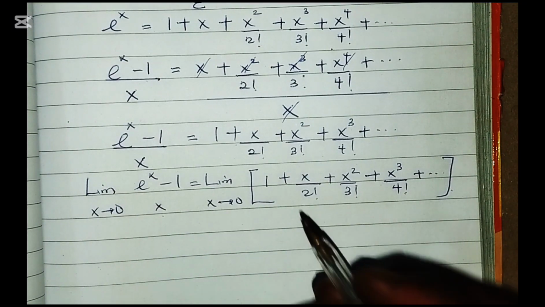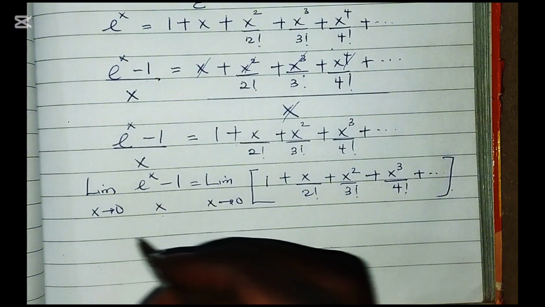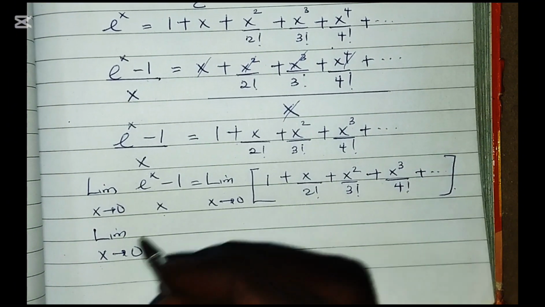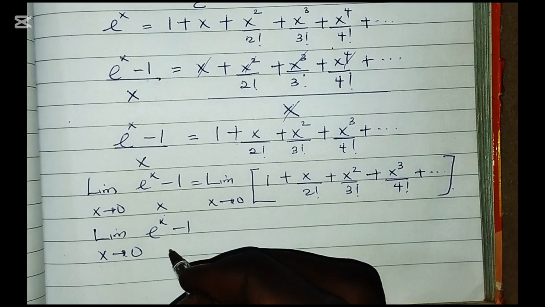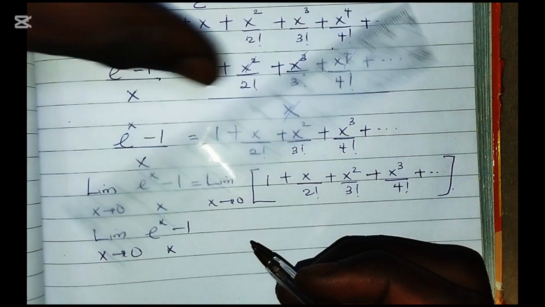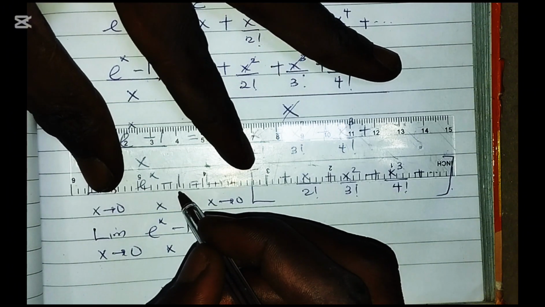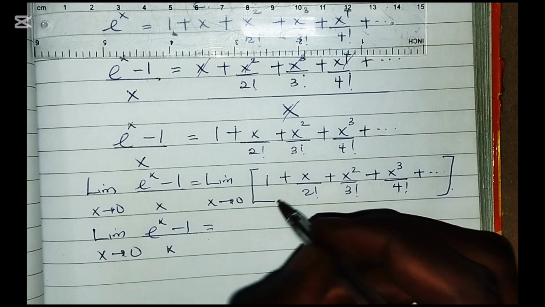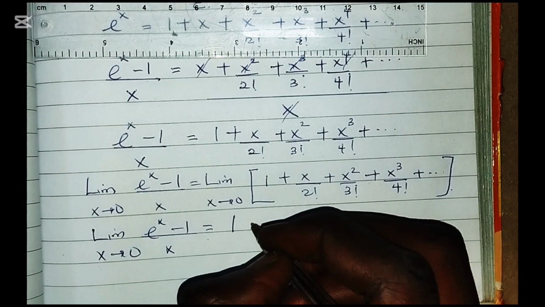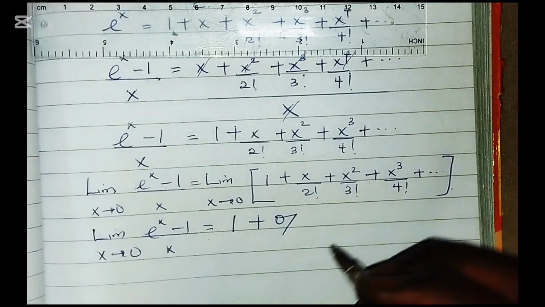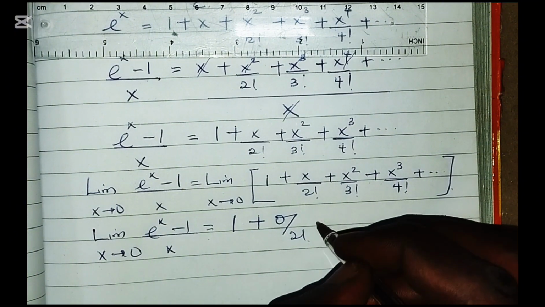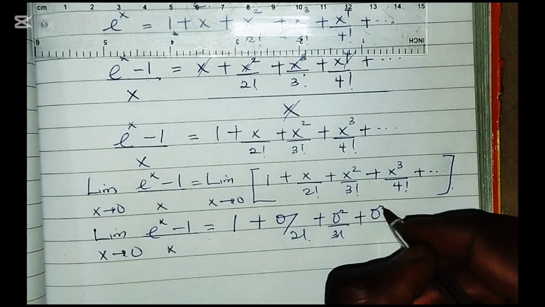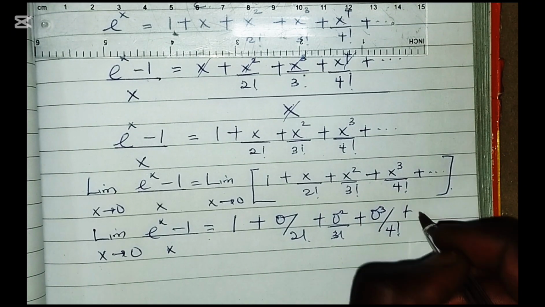Let us put x as 0 to see. The limit as x goes to 0 of e to the x minus 1 over x is equal to 1, unchanged, plus 0 over 2 factorial plus 0 squared over 3 factorial plus 0 cubed over 4 factorial plus dot dot dot.